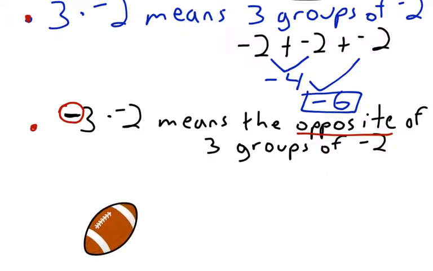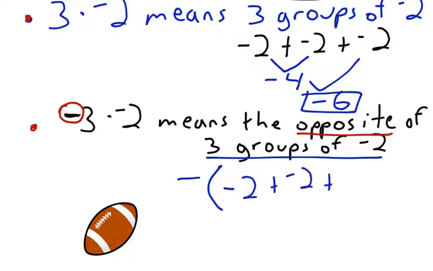Well, how would I write that? Well, opposite of, I can use a negative sign, and I want to do the opposite of that whole value, the 3 groups of negative 2, so I'm going to use parentheses so I can represent the opposite of that whole thing. And that would be negative 2 plus negative 2 plus negative 2.